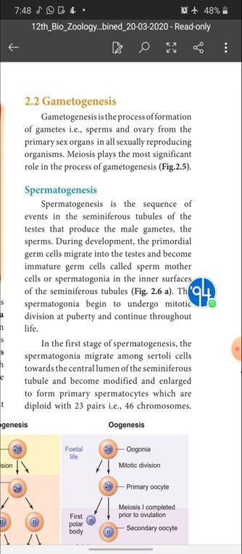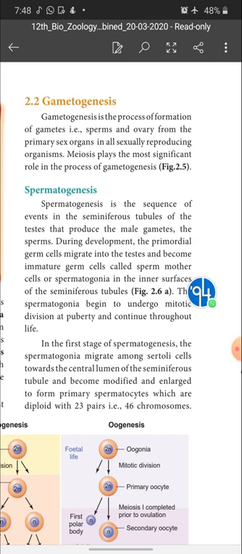For example, in human, the number of chromosomes in all the cells will be how much? 46. If you take any person in any part of the world, all human beings have only 46 chromosomes in their somatic cells or body cells. So this should be maintained by the sex cells only.